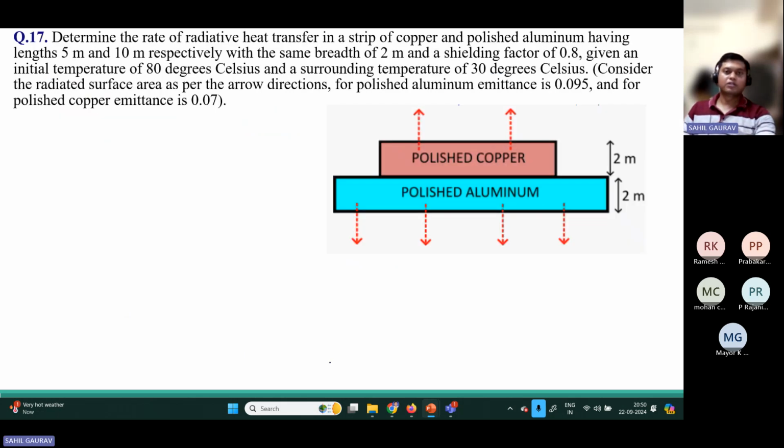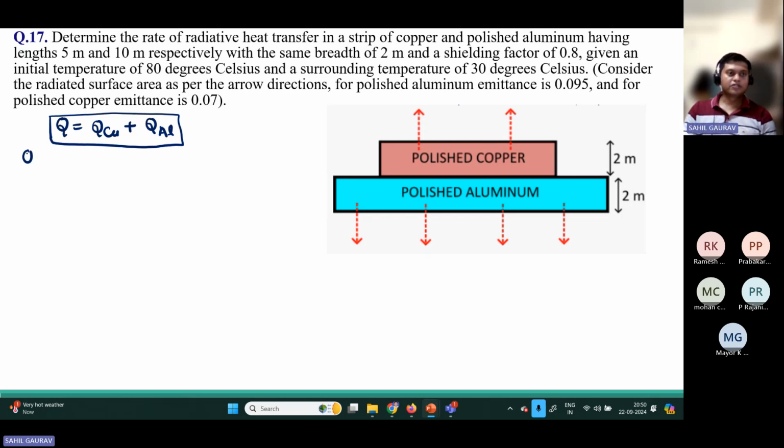Now coming to the next problem. Here we are using the shielding factor because two surfaces are in contact. Since there are two surfaces, it will be Q copper plus Q aluminum, the heat dissipation through copper plus the heat dissipation through aluminum. So both we will add up.